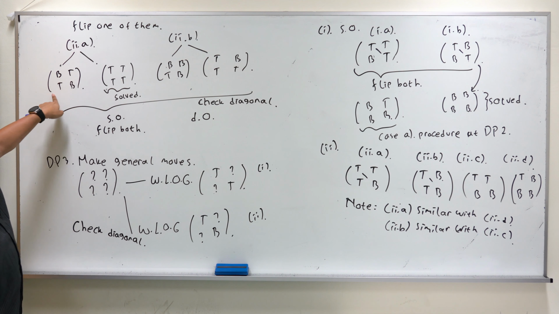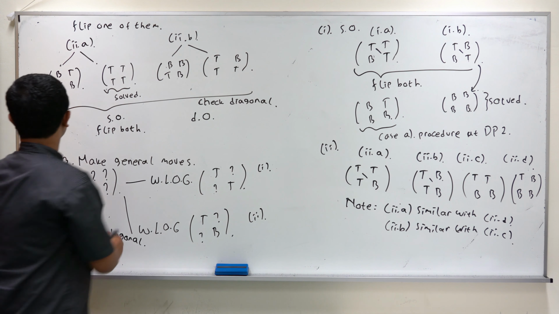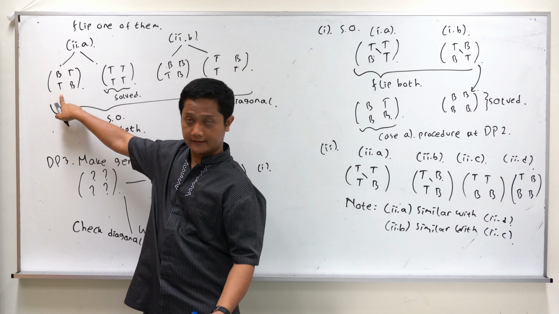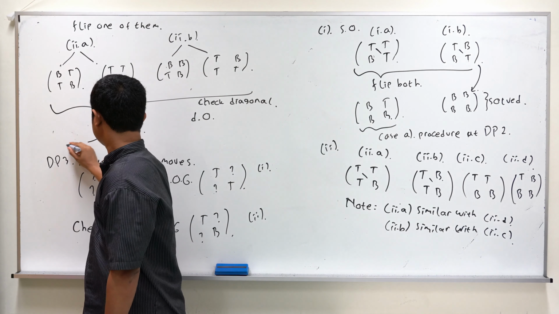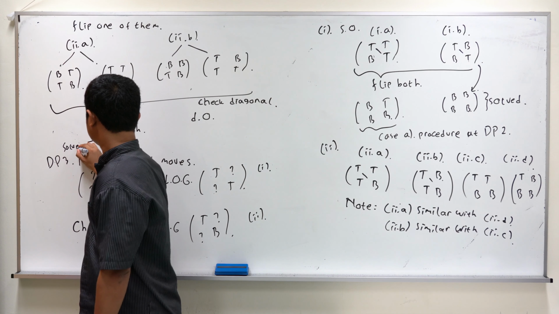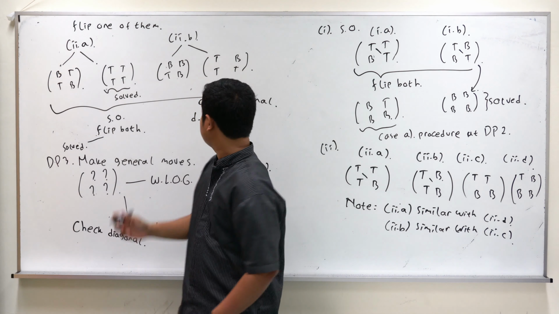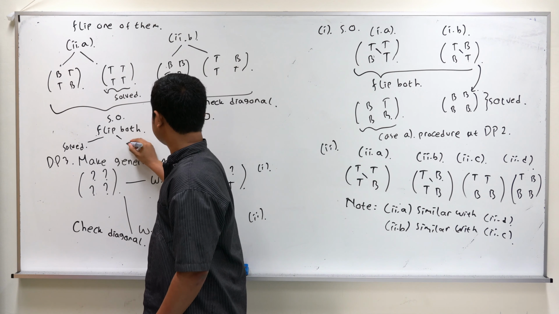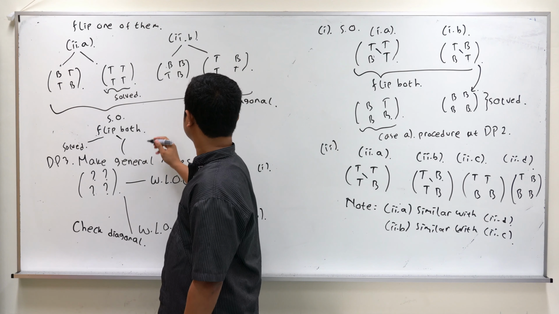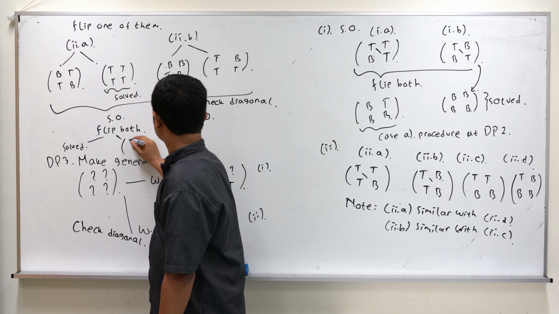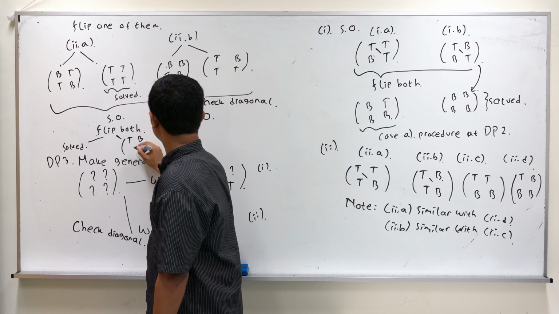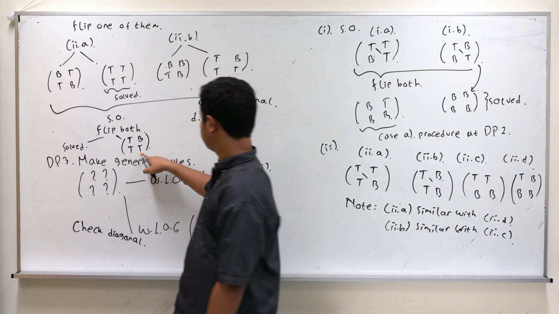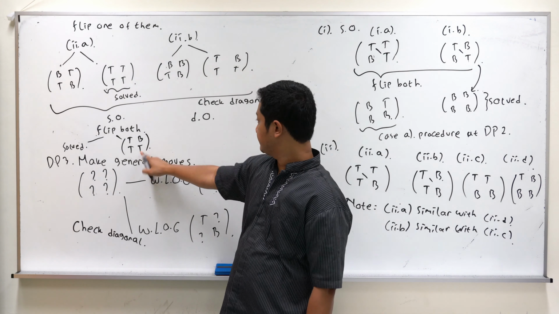If we get this case, we flip both, then solve. Or if we get this case, then we get TB, KC.